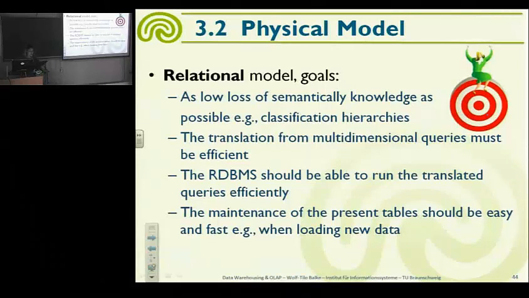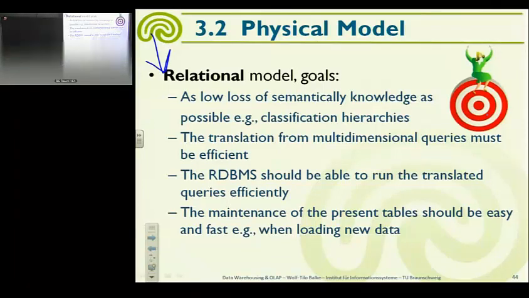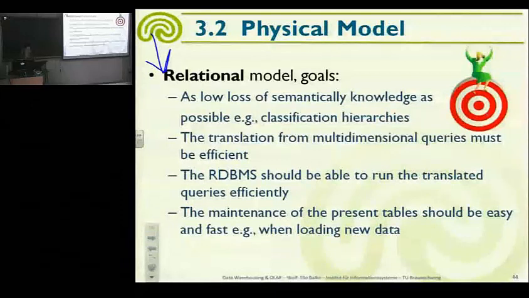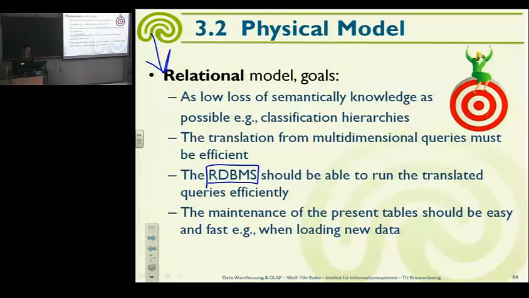The second model that you might choose to use is the relational model, and their goal was: we already have the relational DBMS in place. We already have the kernel. The technology is there. Most of the people have it. And we don't want to change that.